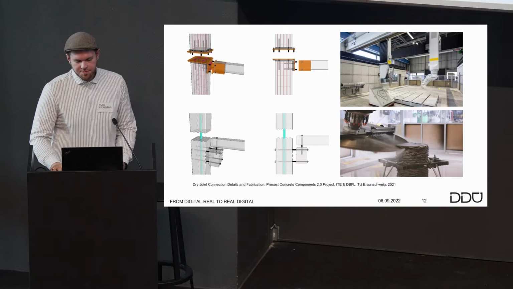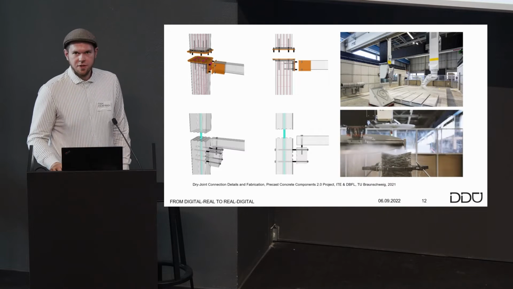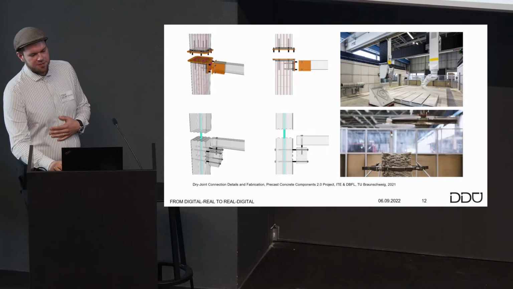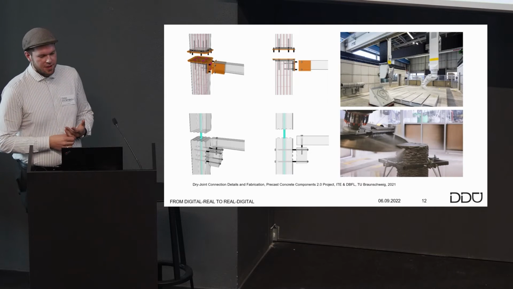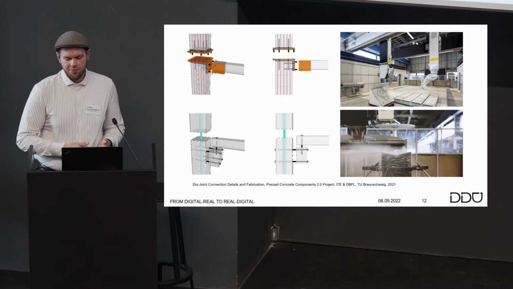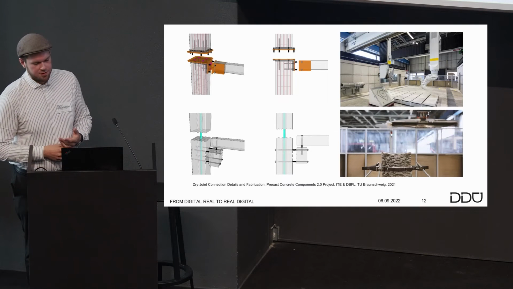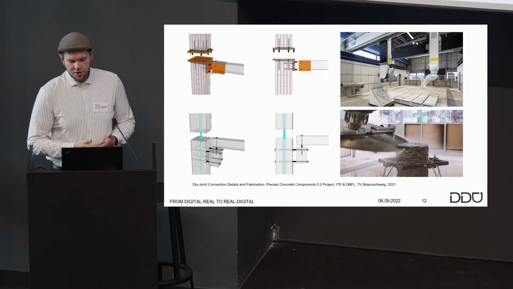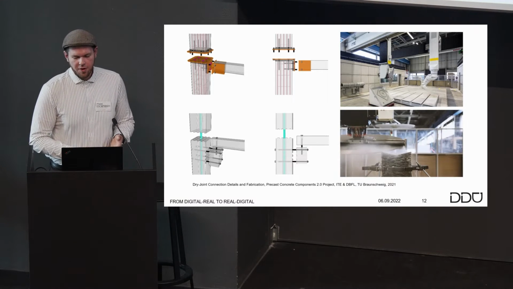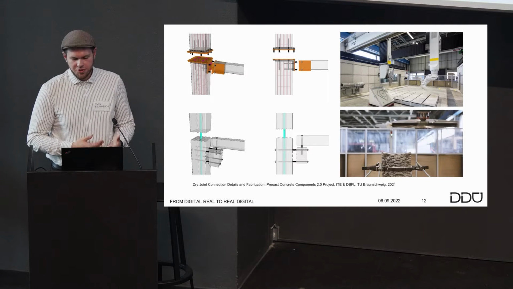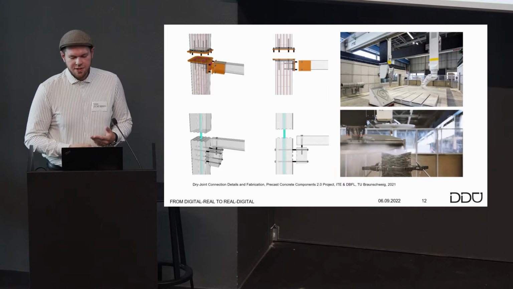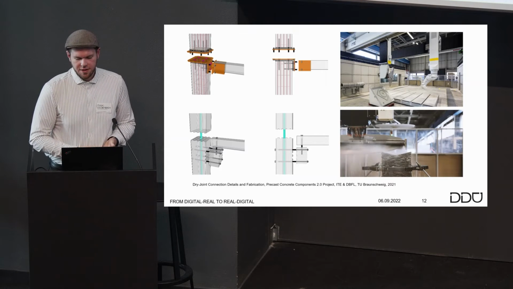In parallel, together with the Institute of Structural Design at TU Brunswick, we are developing a construction system that is based on dry joint connection details, and this allows the already harvested concrete components to be refurbished for their future use. It is important to note that we do not take a kit of parts approach here, where the whole construction system is modular and only a predefined range of parts exist, as this would severely limit architectural designs.